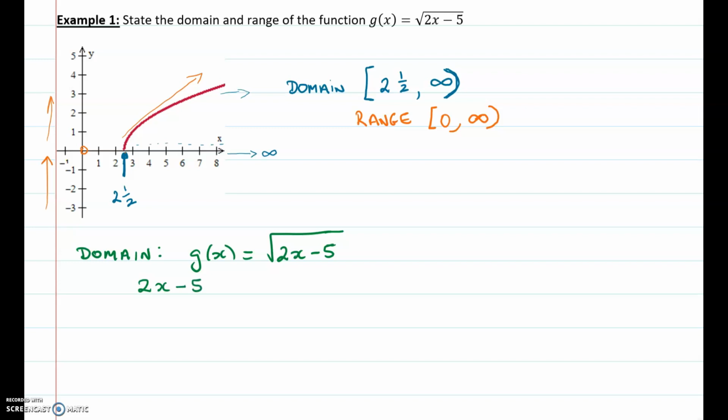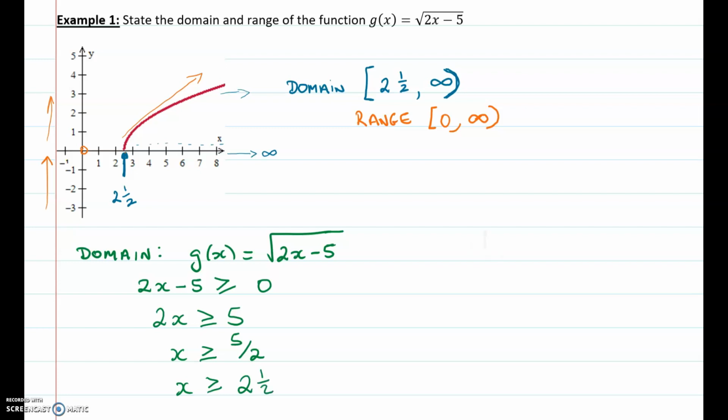So for square root graphs, you find the domain by setting the expression under the square root sign greater than or equal to 0. Now let's solve that. 2x is greater than or equal to 5, and let's divide across by 2. x is greater than or equal to 5 over 2, so x is greater than or equal to 2.5.